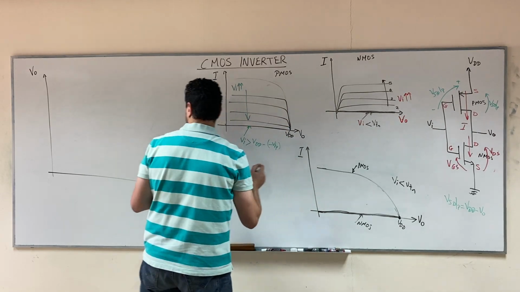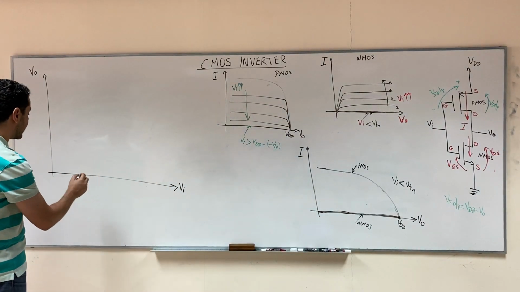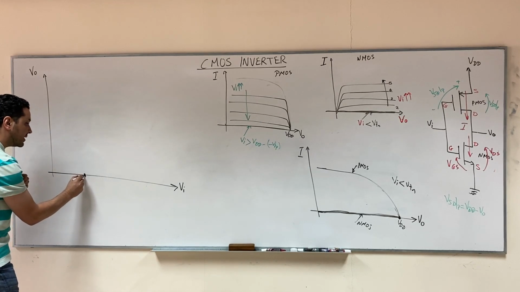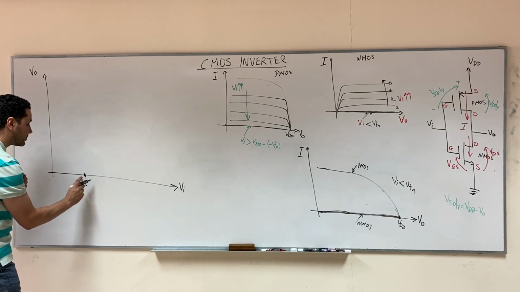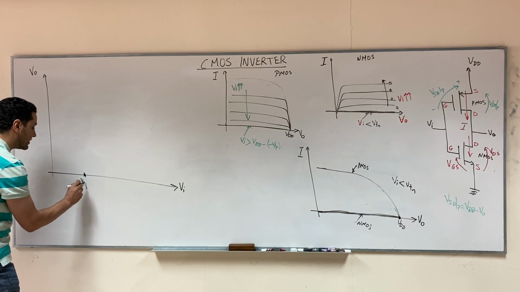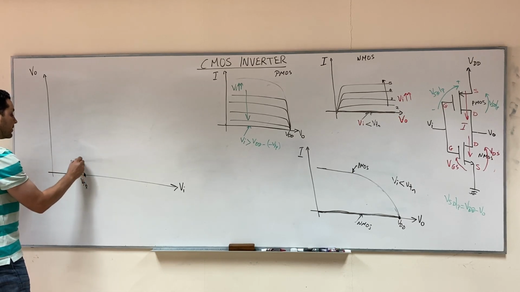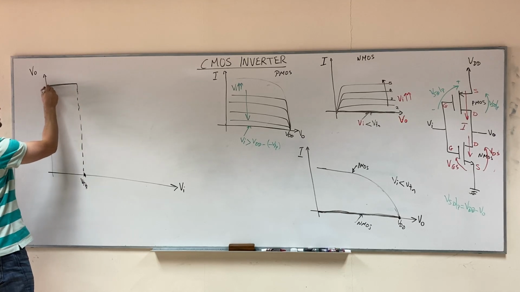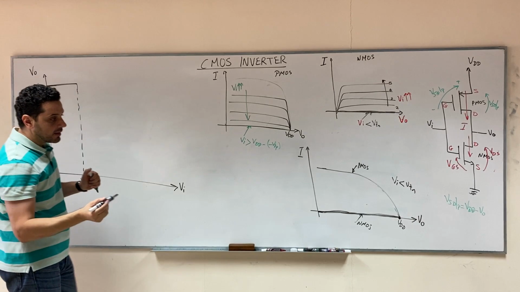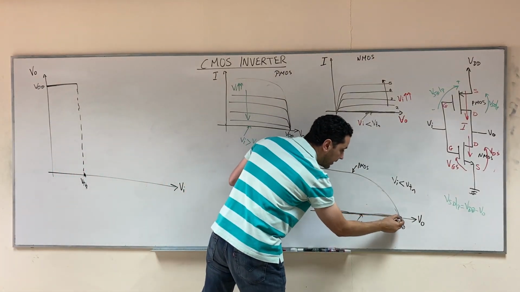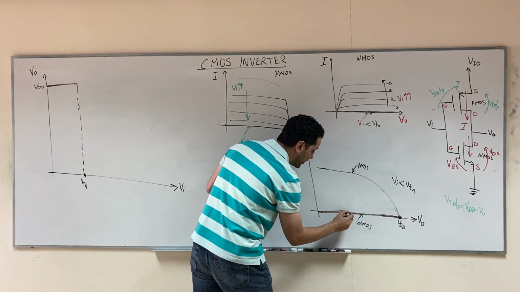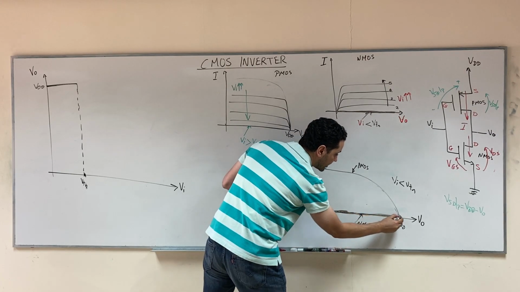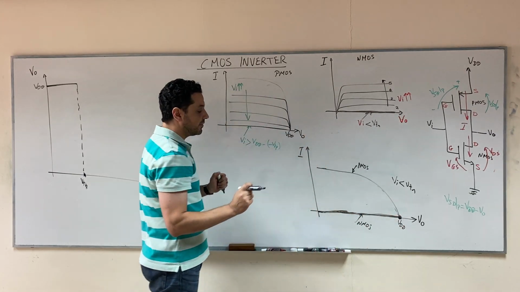So we start by saying that when V input is less than V threshold, the output will be VDD, the intersection point here.